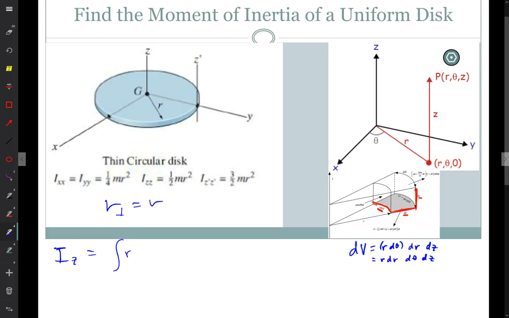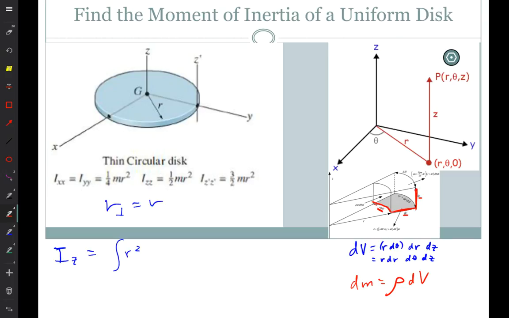And so that means I'm going to have r squared. And then for my dm, I have the dV here. dm is equal to density times dV. Well, in this case, I'm going to have negligible height. If I have negligible height, we can do this easily by simply saying that I don't have a dz to worry about.